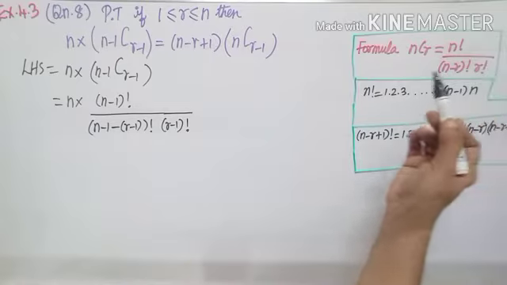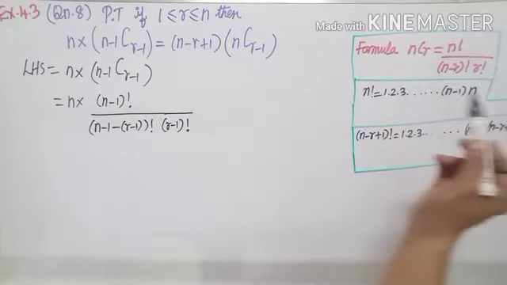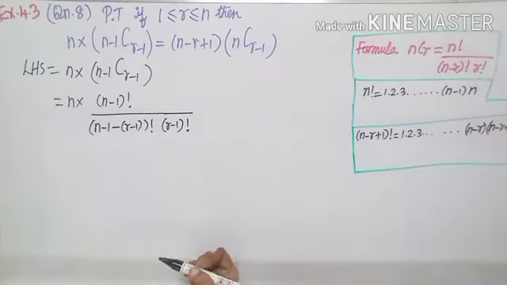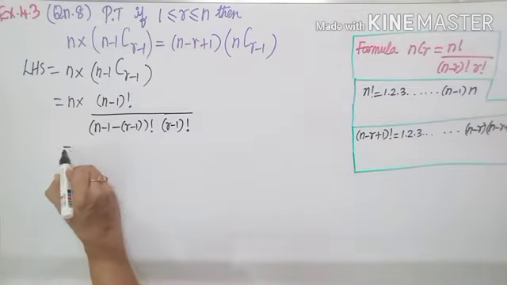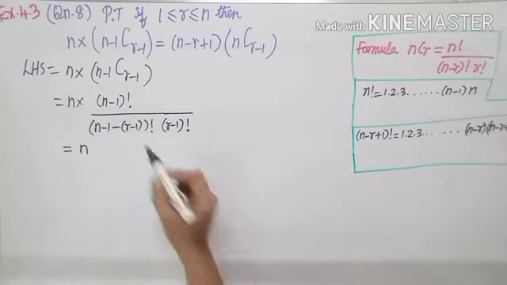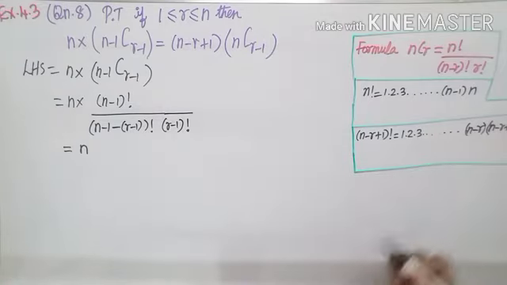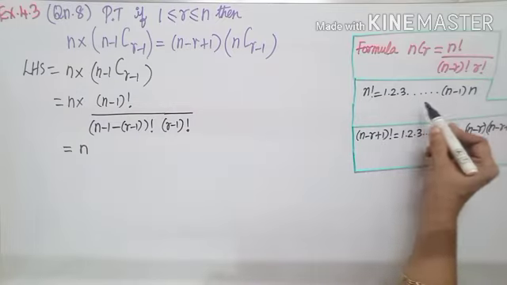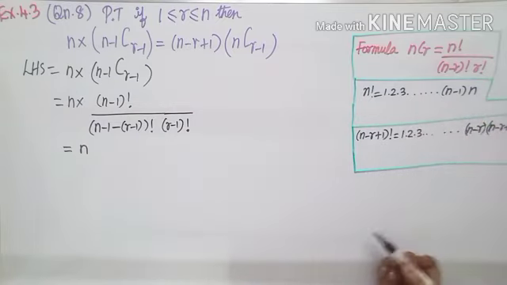Wherever n comes, I put n minus 1. Wherever r comes, I put r minus 1. Simplify this, n into n minus 1 factorial. Let us go on to this formula. What is n factorial actually? 1, 2, 3 up to n. What is the previous number? n minus 1.